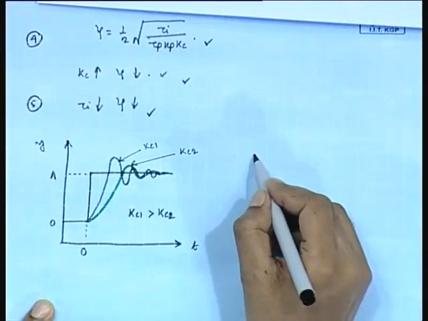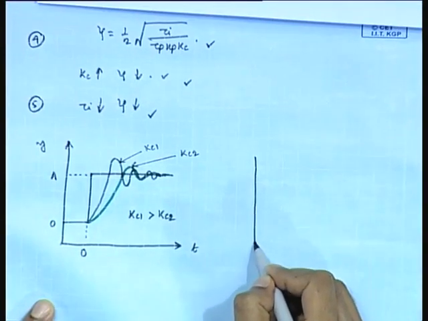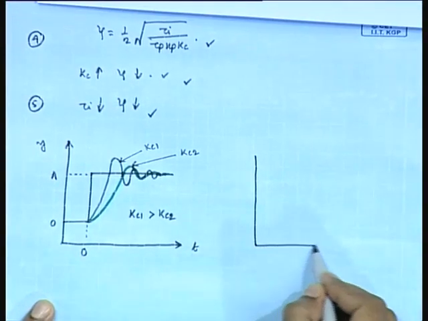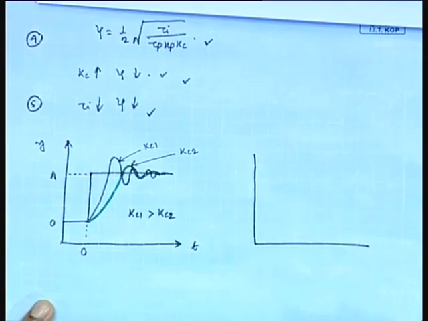Similarly, we will produce the closed loop response based on the fifth point, that is, with the decrease of tau I, zeta decreases, that means with the decrease of tau I the overall response becomes more oscillatory.